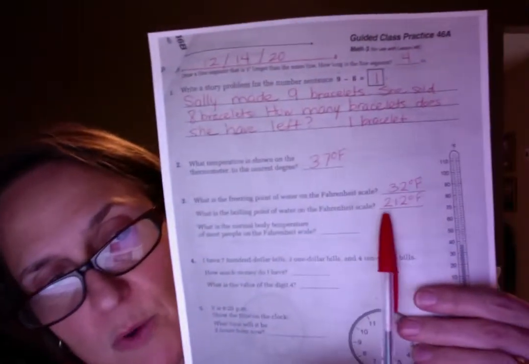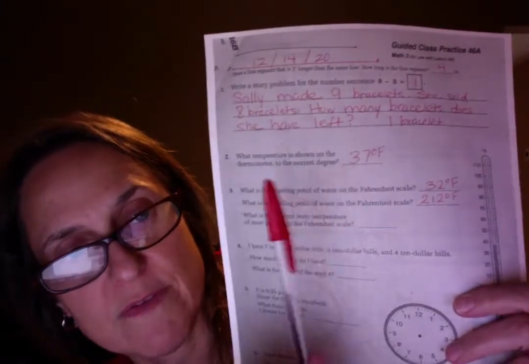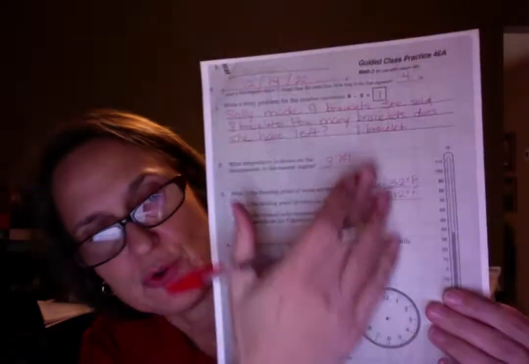Again, if you watch the video, you know that the boiling point of water is 212 degrees Fahrenheit. And what is the normal body temperature of most people on the Fahrenheit scale? Again, on the new concept video, you'll know it is 98.6 degrees Fahrenheit. There you go. So you do need to know those, so start memorizing them.